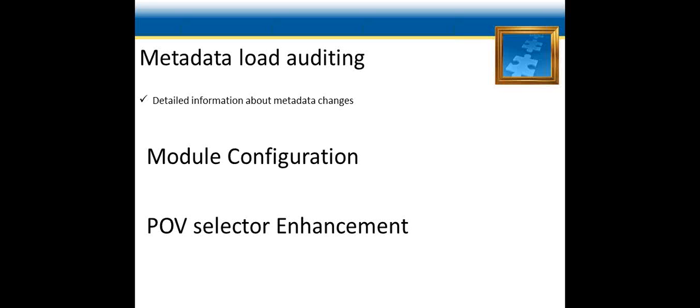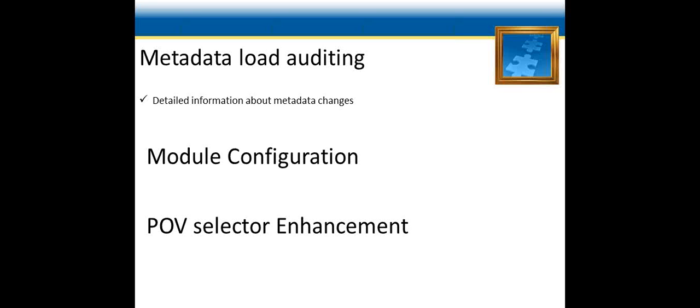You can view a report of this information from the task auditing module. The metadata load report includes changes in the member attributes, parent-child relationship, as well as addition, deletion, and rename of members.